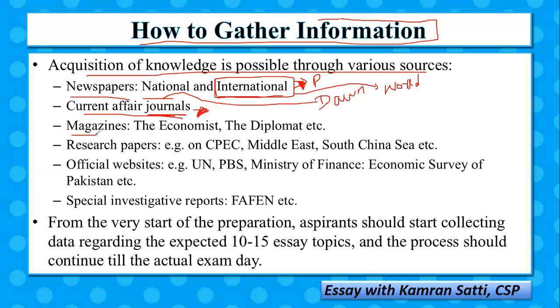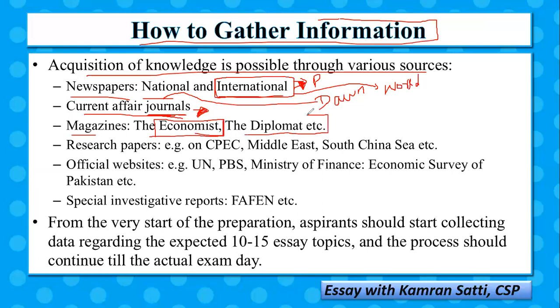Then magazines, The Economist. This is one of the most authoritative sources of analysis on different issues. Okay, the monthly magazine The Economist is available on the internet easily, so you can consult this. The Diplomat is also a very important magazine.